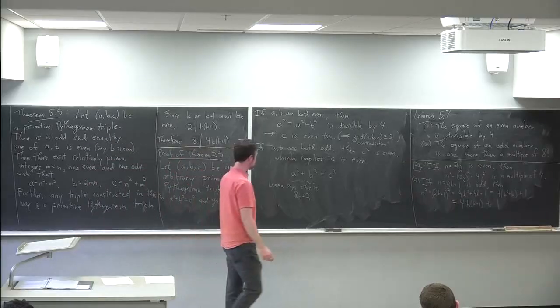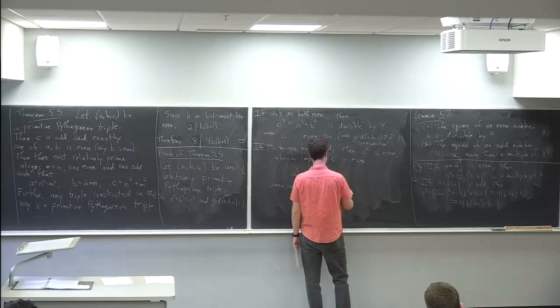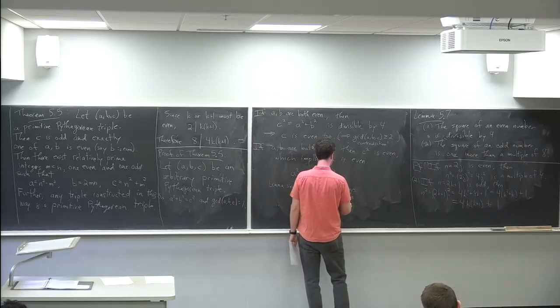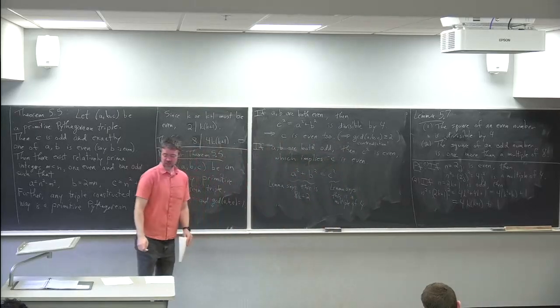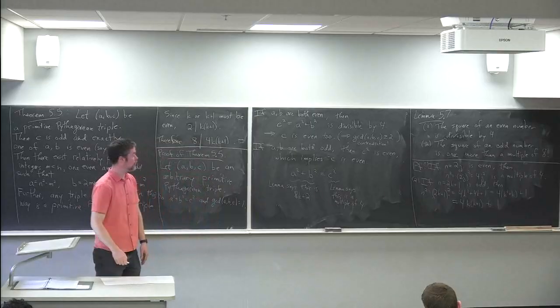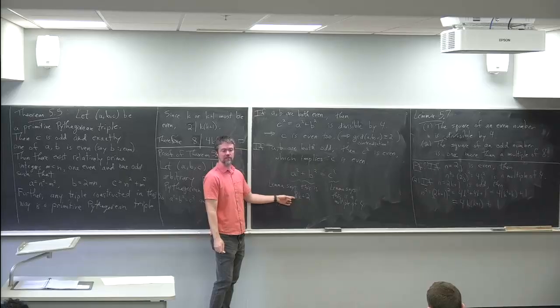Whereas the lemma also says this right-hand side is a multiple of 4. Right, because C was even, so C squared is a multiple of 4. And so the thing is that this left-hand side is not divisible by 4, right?